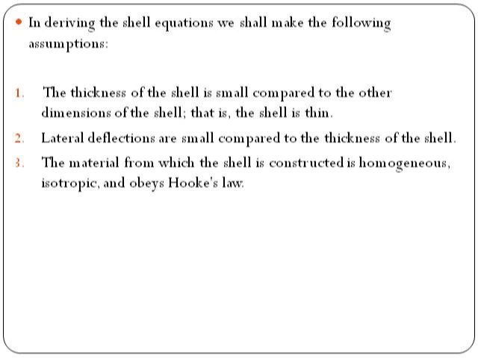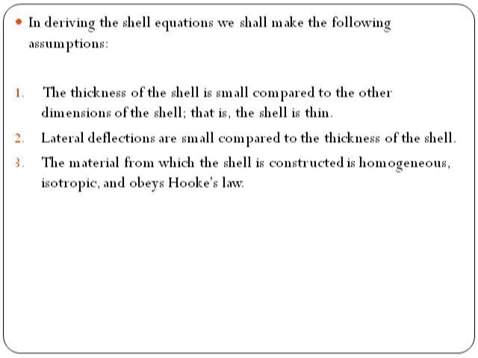Second: lateral deformations are small as compared to the thickness of the shell. Whatever thickness we are considering is already very small, and the lateral deflections are again much smaller than this thickness. Third: the material from which the shell is to be constructed is homogeneous, isotropic, and obeys Hooke's law.